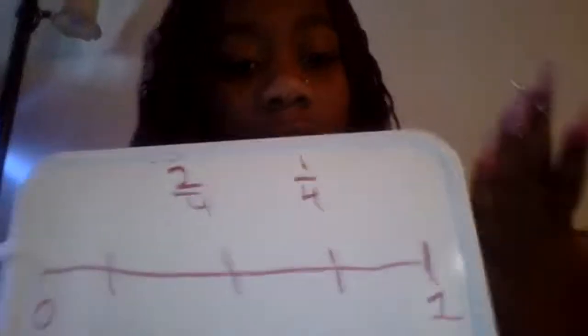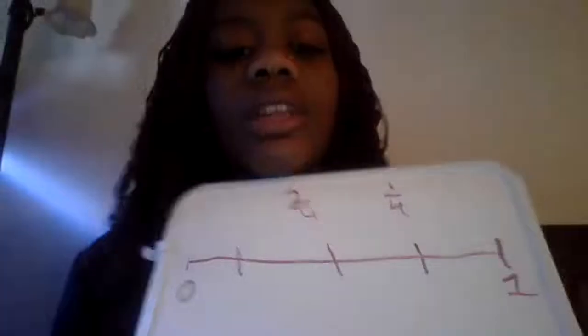Now, let's say they ask me, which fraction is larger? 2/4 or 1/4? Now, some of you may be able to figure it out just by looking at it. But if not, there's a way to use the number line to figure it out.